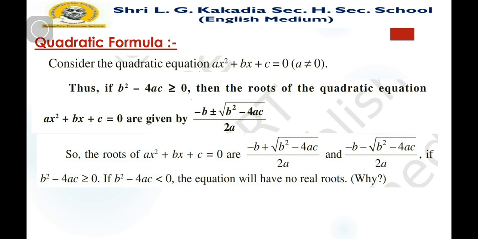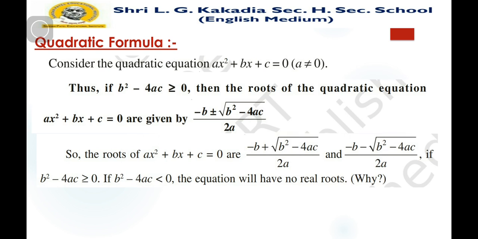So the roots of ax square plus bx plus c is equal to 0 are minus b plus square root of b square minus 4ac divided by 2a, and minus b minus square root of b square minus 4ac by 2a, if b square minus 4ac is greater than or equal to 0.